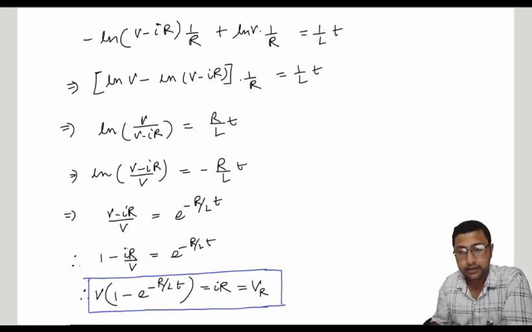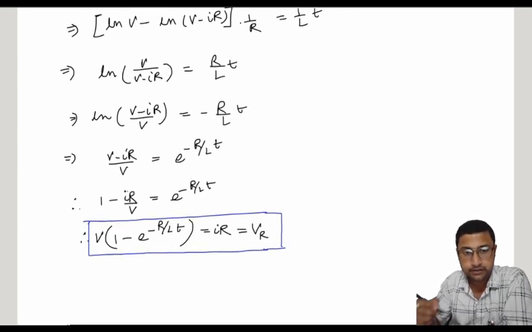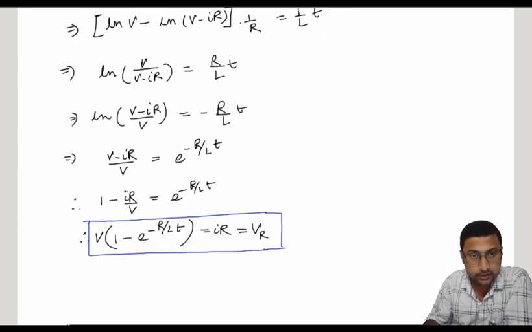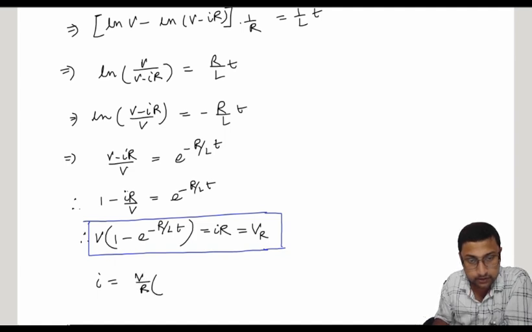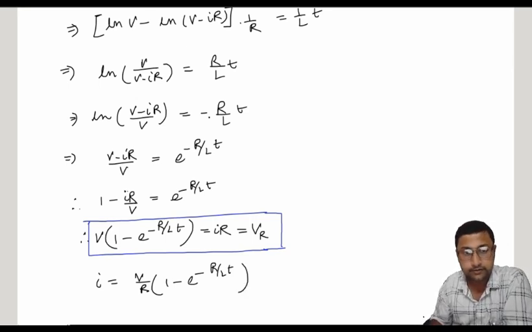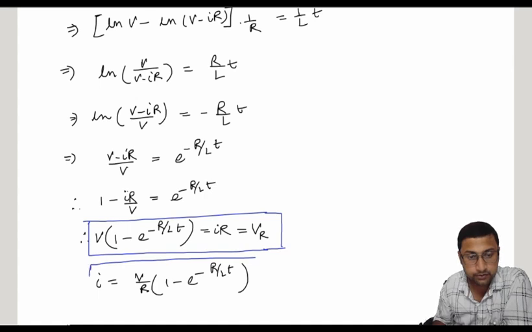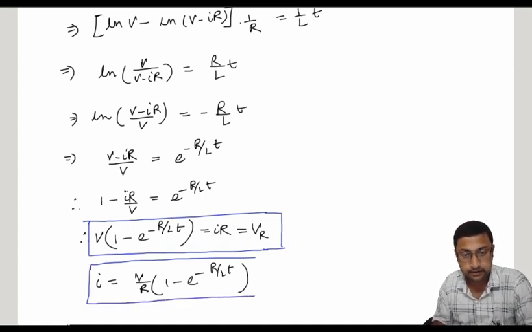And again we can represent this equation in such a way that we can write I equal to V by R into (1 minus e to the power minus R by L into t). So it is the equation of current of the series RL circuit.